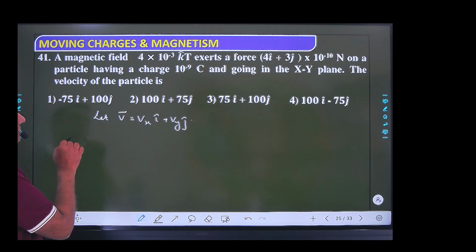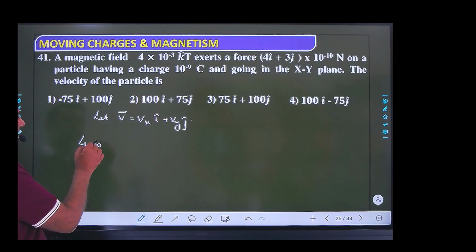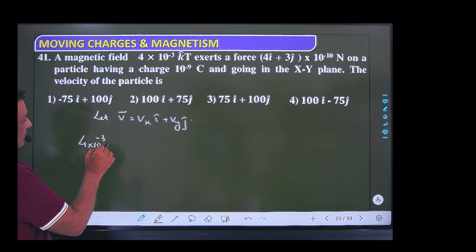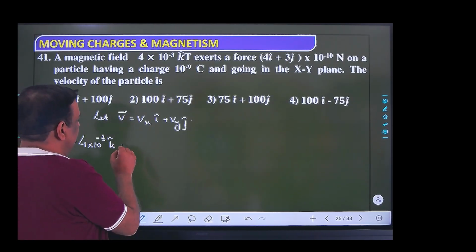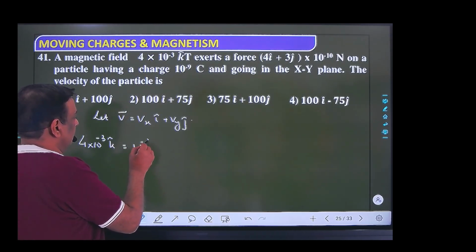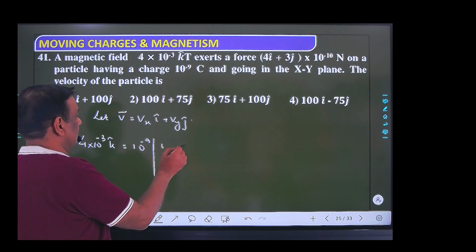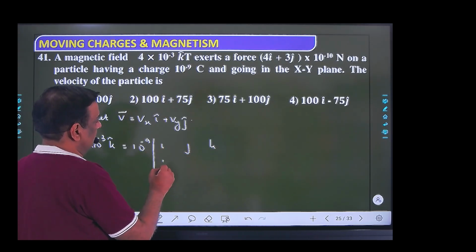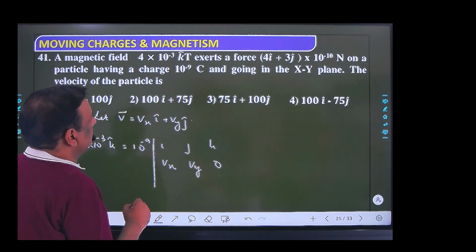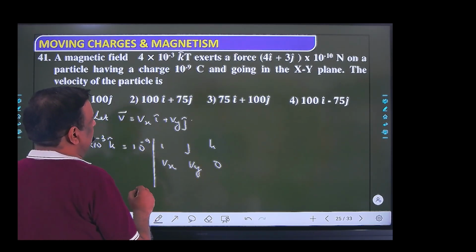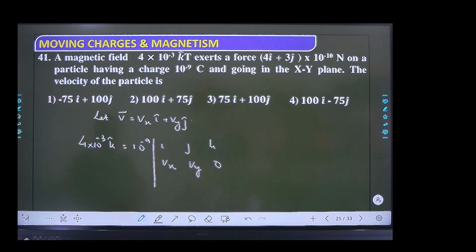Formula is force is q v cross B, where the magnetic field is in the z direction.